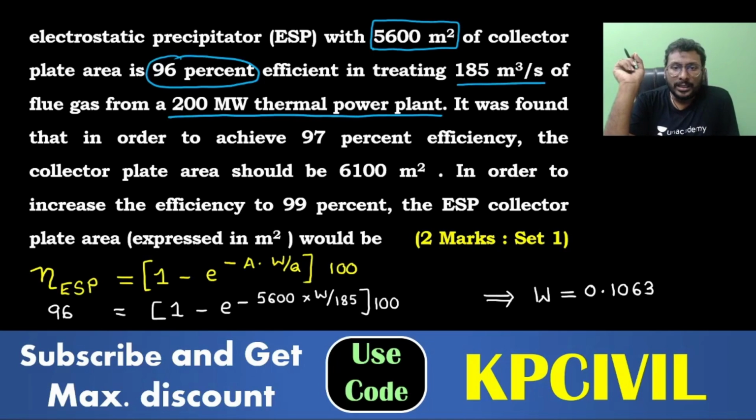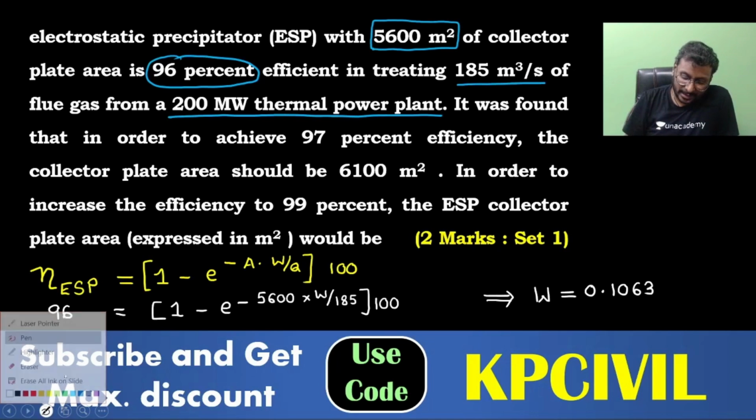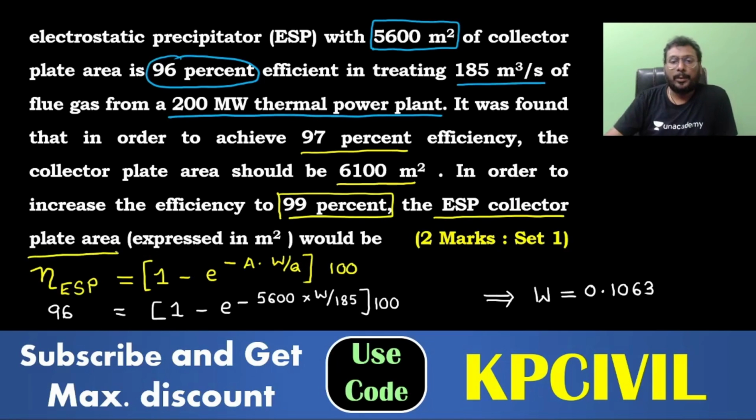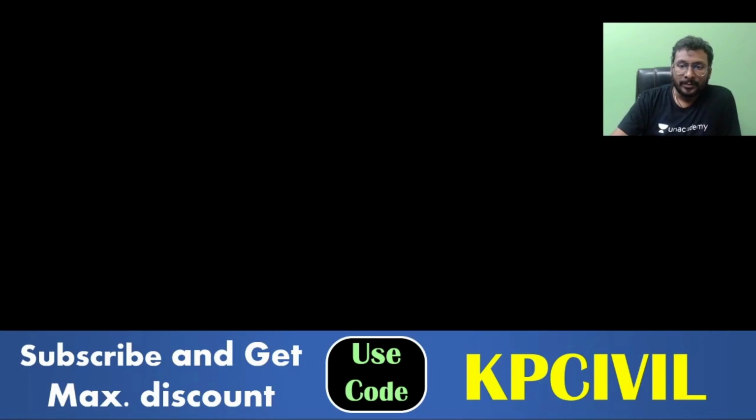It was found that in order to achieve 97% efficiency, collector plate area should be 6100. In order to increase efficiency to 99%, what should the collector plate area be? The 97%, 6100 is not required because you already have W and Q, you can solve it.